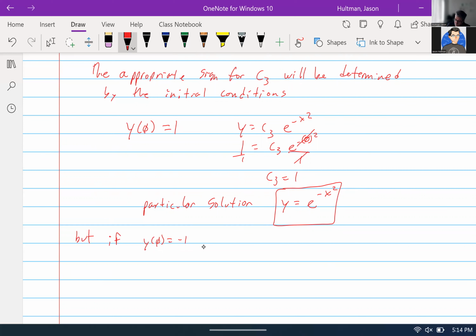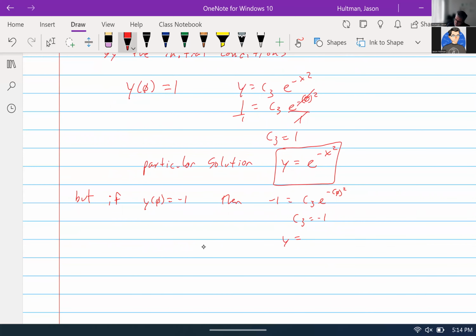So if it was negative 1, then we would get negative 1 is equal to C3 e to the negative 0 squared. Again, e to the 0 just goes to 1, and so C3 is equal to negative 1. And so I would get a different curve in the family: negative e to the negative x squared.